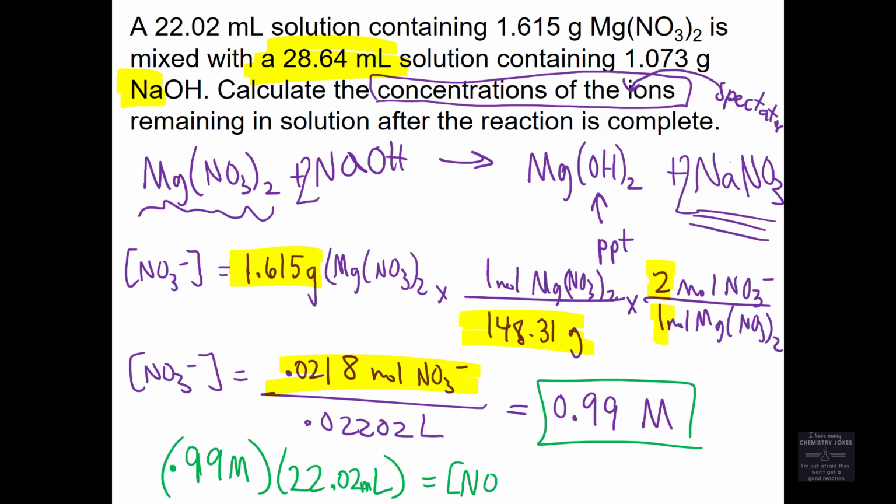It becomes a new concentration that is yet to be known, divided over 22.02 plus 28.64, divided over 50.66 milliliters. So my new concentration of nitrate is 0.43 molar. It's less than half as concentrated as it was in the beginning.